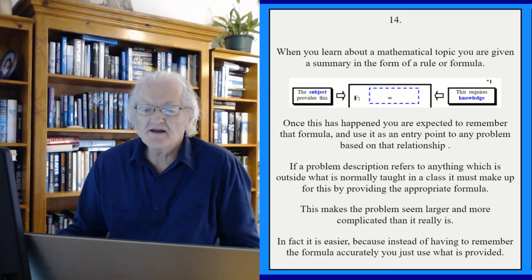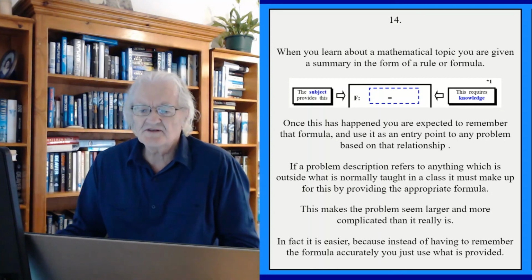When you learn about a mathematical topic, you are given a summary in the form of a rule or formula. Once this has happened, you're expected to remember that formula and use it as an entry point to any problem based on that relationship.